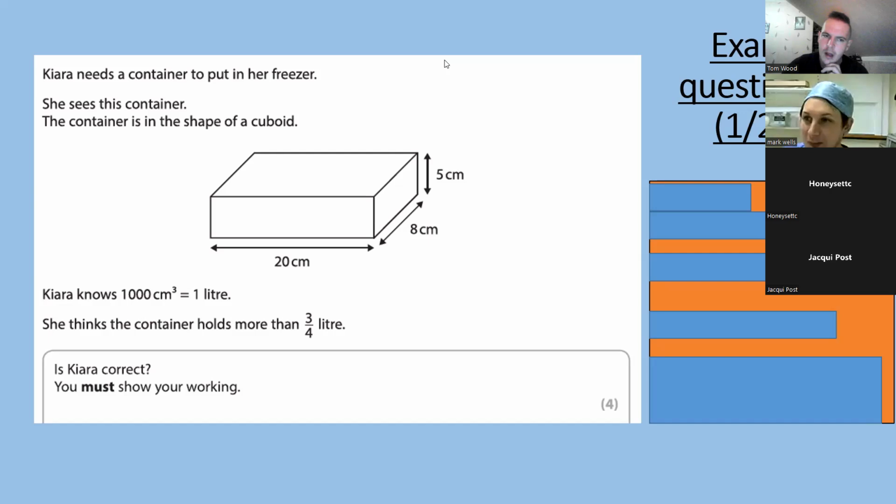She thinks it contains 3/4 of a liter. You are right with the 800 centimeters cubed there. Mark, did you get to that point as well? Yes, slightly. Oh, it's actually 1,000, not 100. Yeah, so I misread that. See, the only time you were wrong is when you thought you were wrong, Jackie, which is lovely.